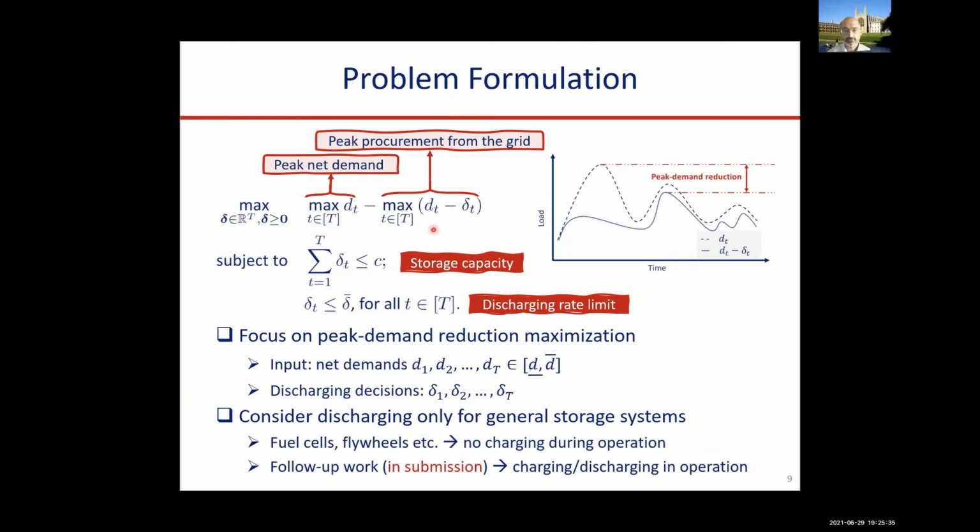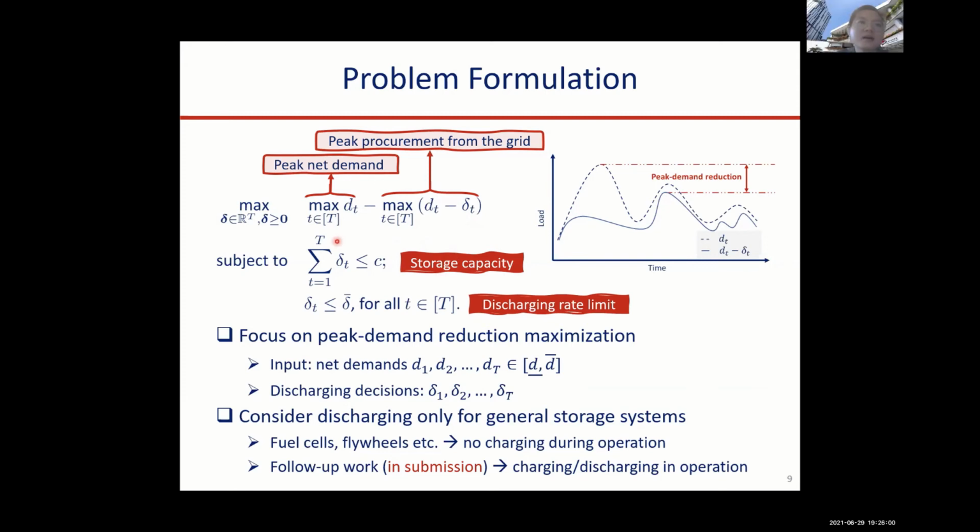Yeah, so if you just look at the slide over here, the optimization says basically doing max D minus max D minus delta. So D minus delta is what you're going to get after you include storage, right? So that's what you're getting from the grid. And why do you have an extra term of max D minus delta? I'm just trying to understand the objective function. If you could explain that, please.